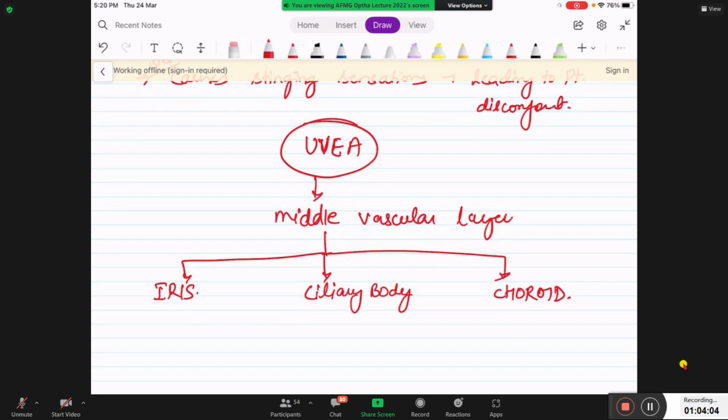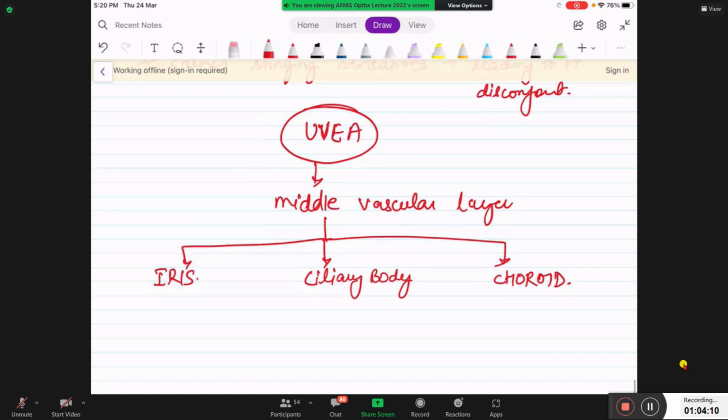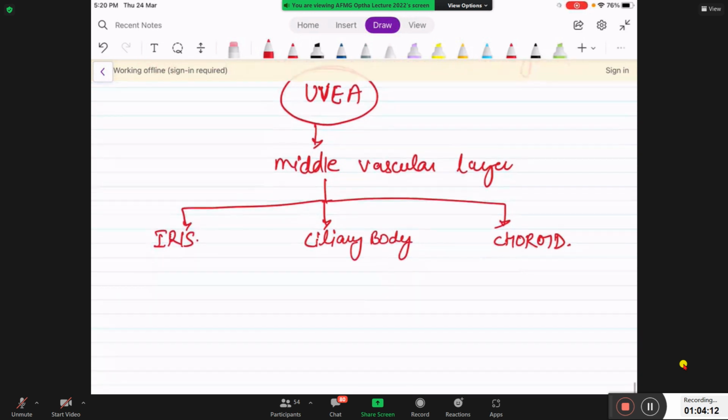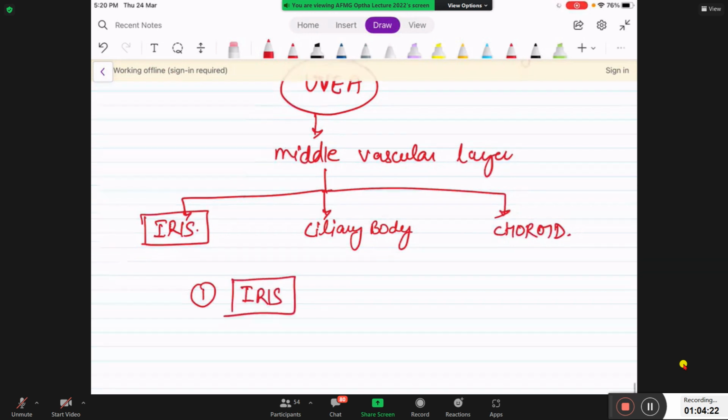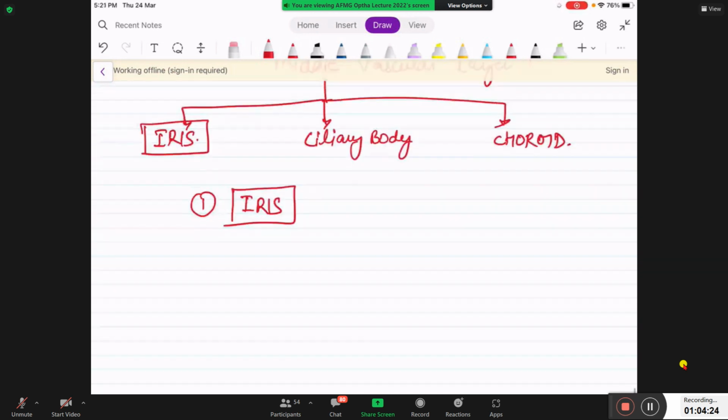First heading is iris. Now suppose this is your iris, this is your pupil, right? So this iris is made up of two muscles. So first we will discuss the muscles of the iris.